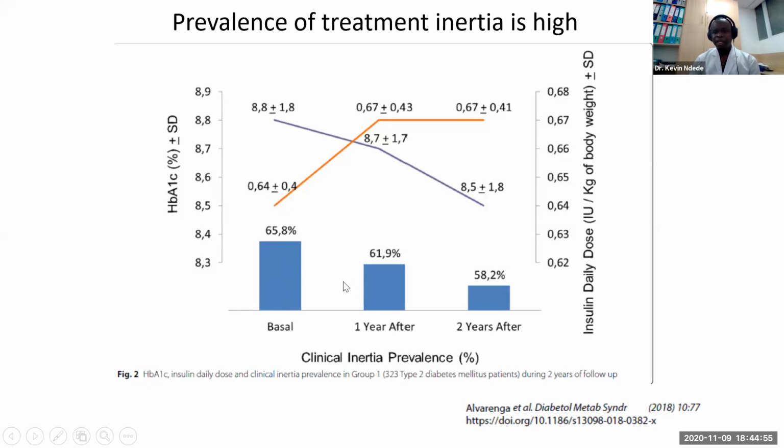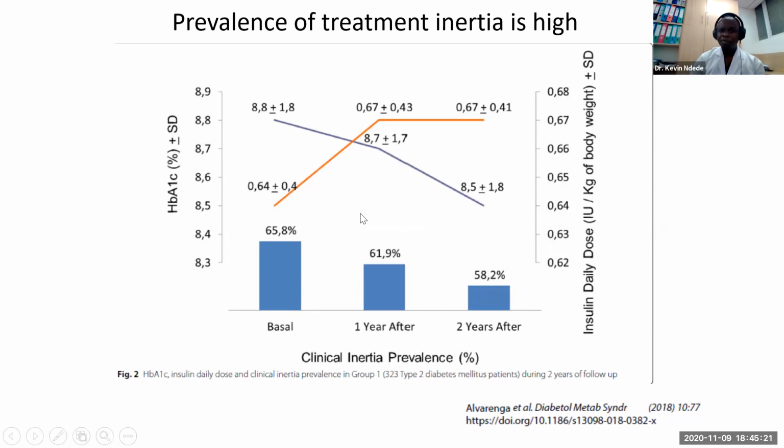And 1 year later, that number had actually dropped for those who required intensification. And 2 years later, you can still see a very high percentage of individuals who required intensification. Only about 58% got the intensification.